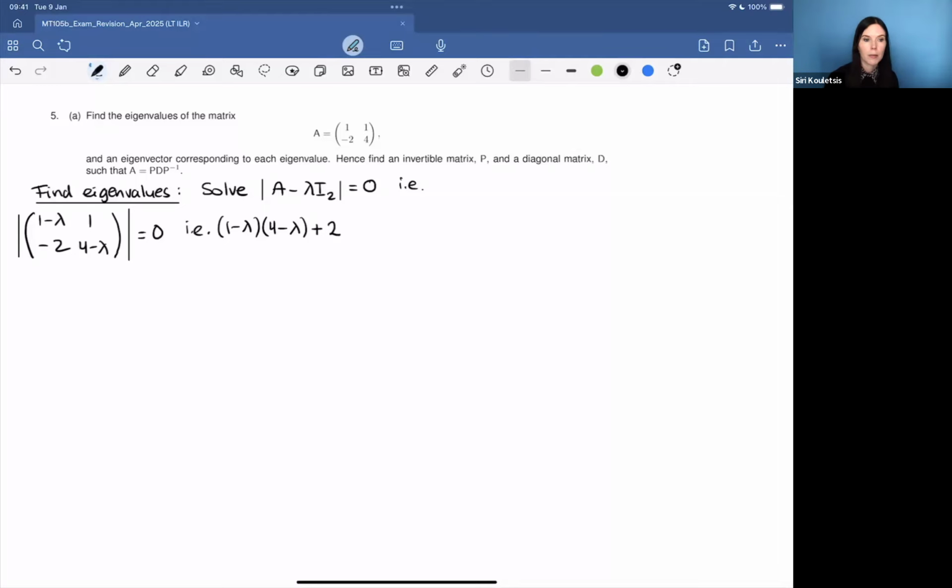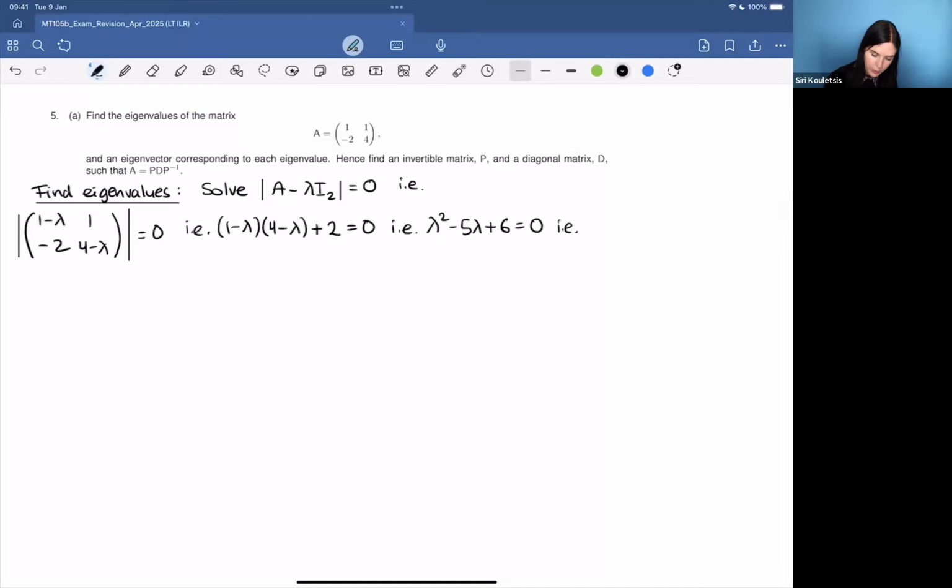So we immediately get plus 2 here. Set that equal to 0. And after pulling this all together, we're left with the following quadratic equation in lambda.